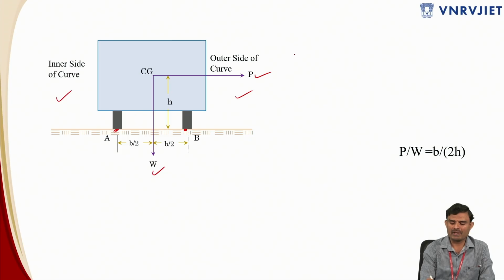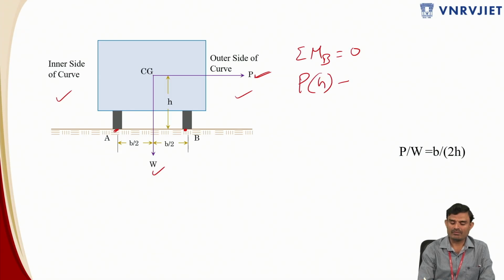Now I am going to write the moment equation at B. That is, the algebraic moment at the point B is equal to 0. So you look into the forces which are acting over here. One is the centrifugal force which is acting horizontally outwards. This is P, and the distance at which it is acting is the height of center of gravity of the vehicle, H, so P into H, acting in the clockwise direction.